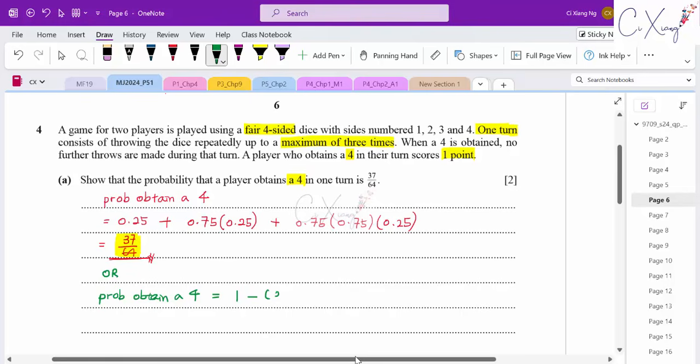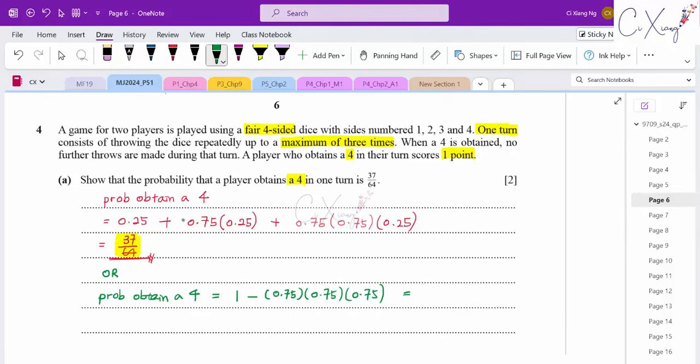So if you didn't get any 4, it means that in all the 3 throws you get some other number, which is 0.75 times 0.75 times 0.75. So you can do it the other way around. That means instead of finding out the probability of obtaining a 4 and listing out so many cases here, you can directly take 1 minus the case where you didn't get a 4 at all.